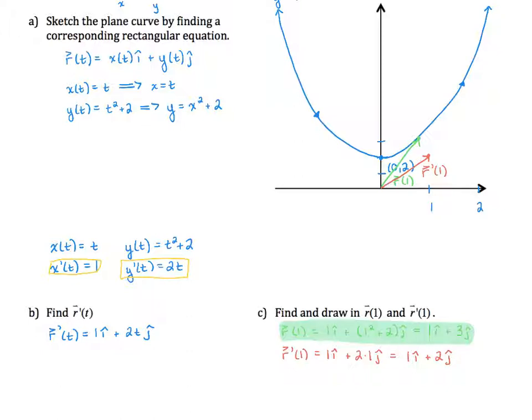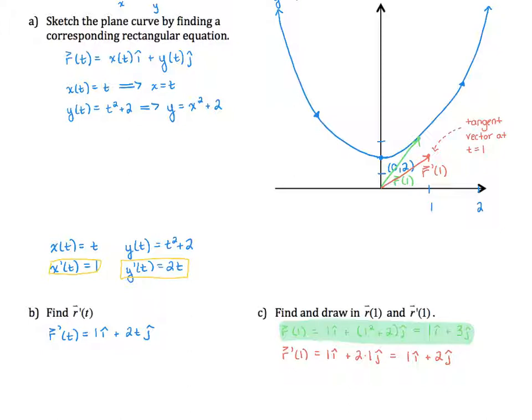But if we think about what a derivative is, the derivative is the slope of the tangent line. So what we have just generated here is a tangent vector. This right here, I'm going to sort of dot this, is the tangent vector at t equals 1.